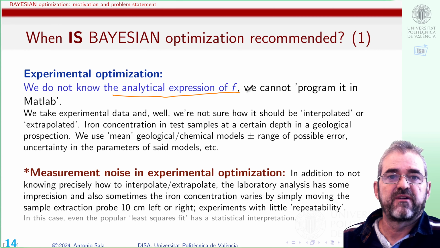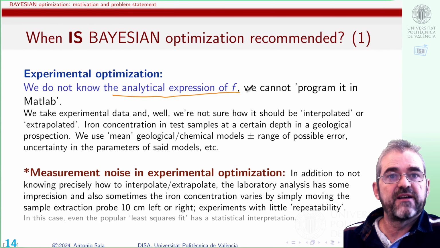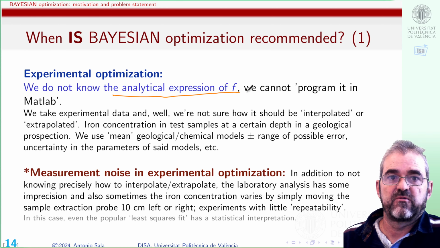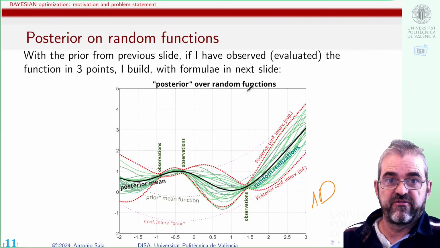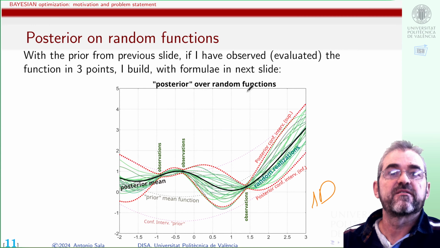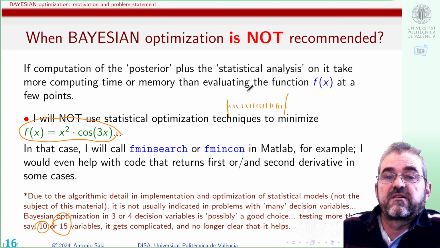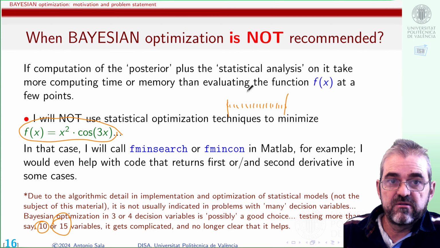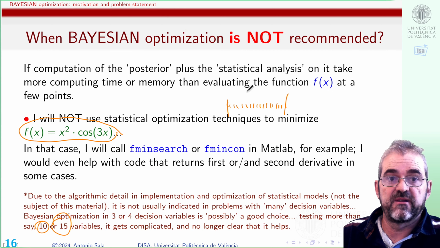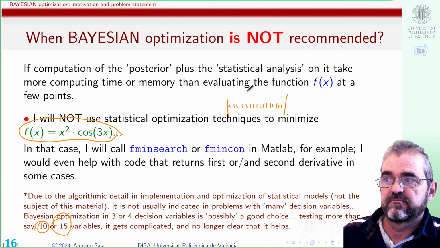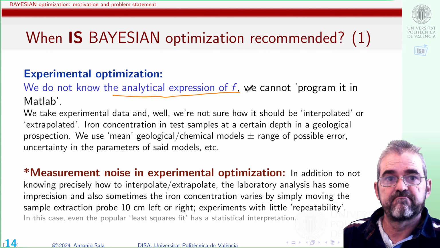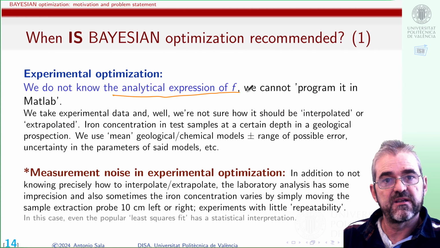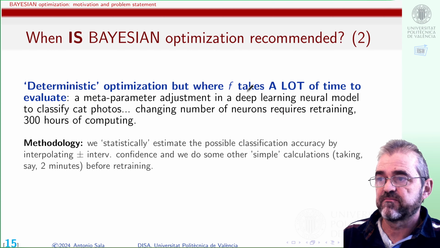Otherwise, finding the optimal of something in a 20-dimensional decision space with no theoretical model apart from this kind of interpolation formula is kind of hard. This is another case in which I would maybe not use Bayesian optimization, but maybe I would not be able to use anything. So good luck. Then, okay, we have the experimental optimization clear framework for which Bayesian optimization was devised.